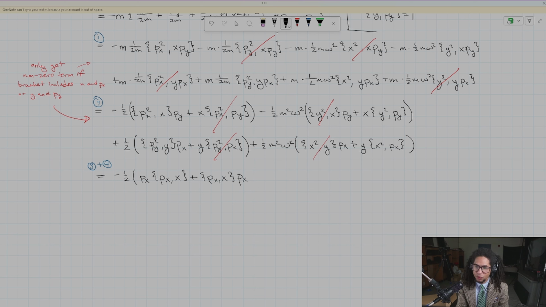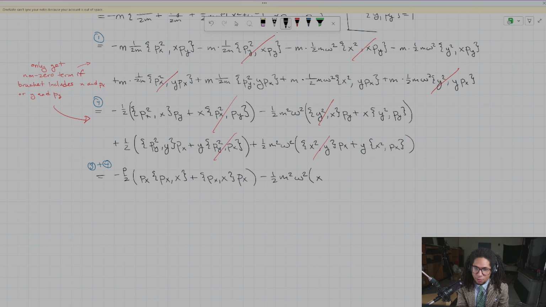Notice that I'm moving this to the other side so that we can remember it kind of using the product rule, but it actually is just exactly the same. This is some function and this is some function, and we're just multiplying them. So I could also write 2 times px bracket x. Okay, let's keep going. Next we get minus 1/2 m squared omega squared times, oh, and what have I done here that's not smart?